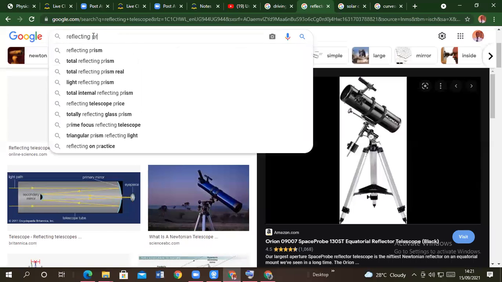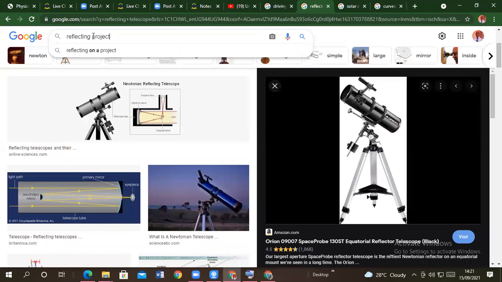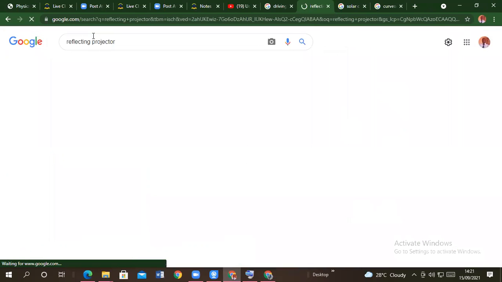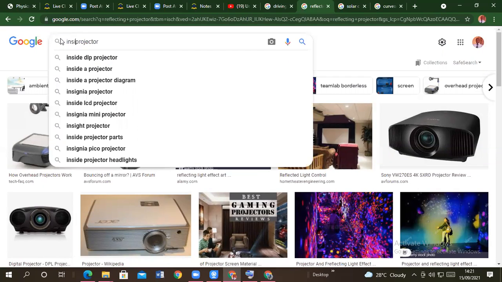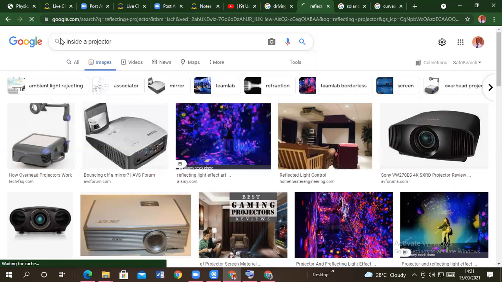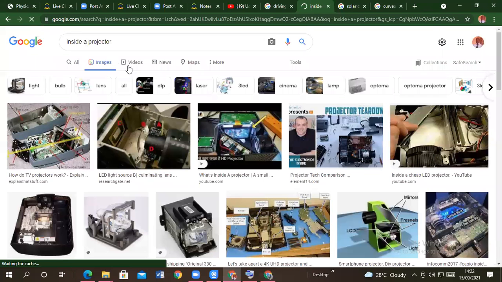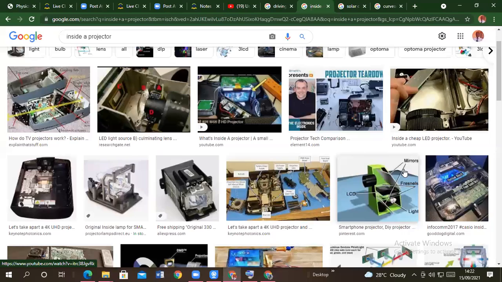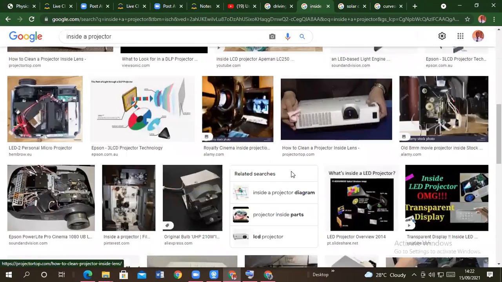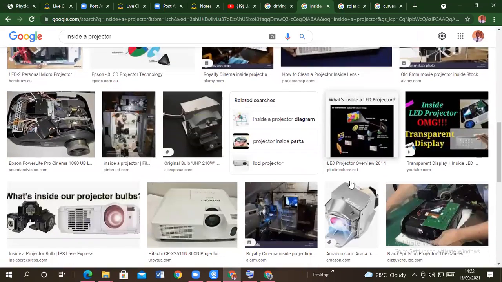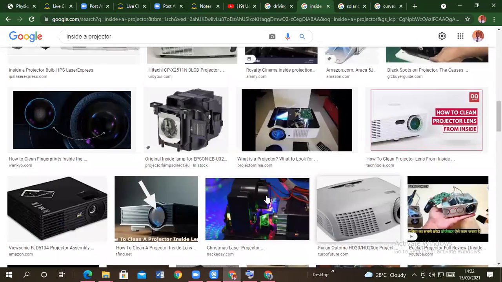Okay, projector. Okay, so let us go inside. Oh, this is so dangerous. So inside there is a mirror. I'm looking for a nice picture to show you here.